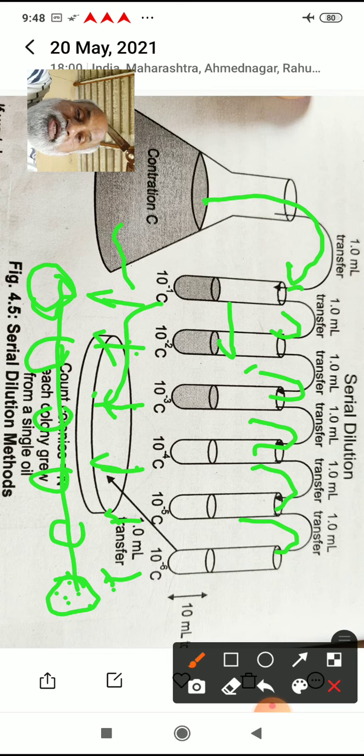Then we go for its identification by preparing slides and studying the morphological characters of the microorganism, and accordingly compare it with the standard charts provided in the book for its identification.